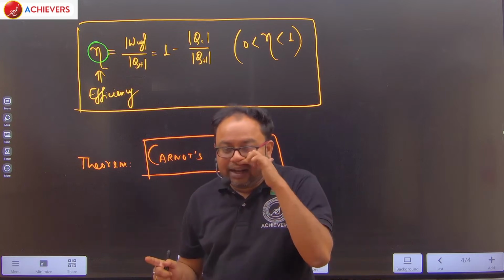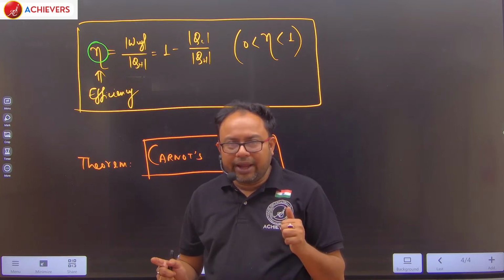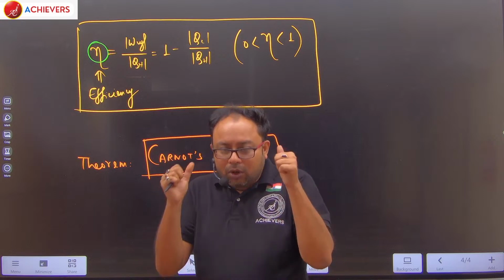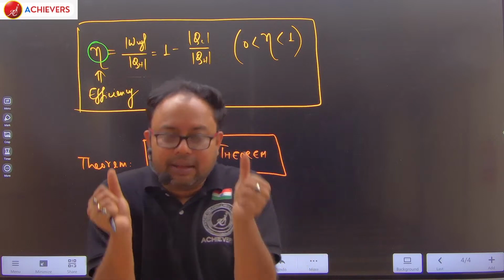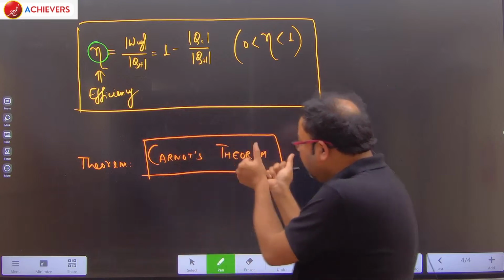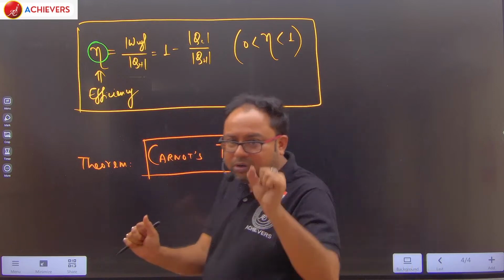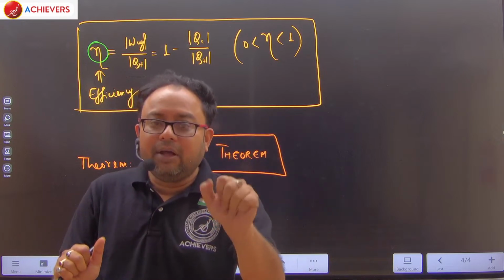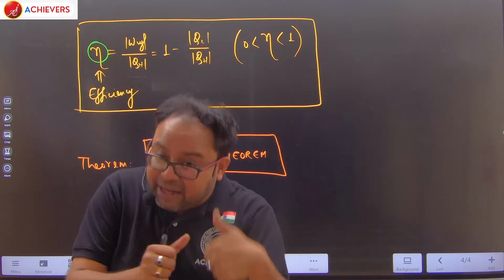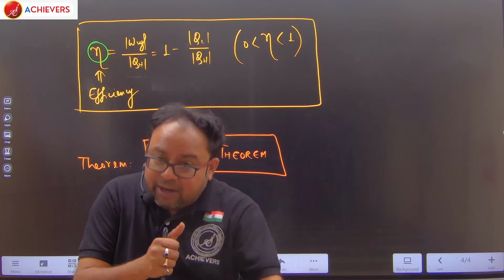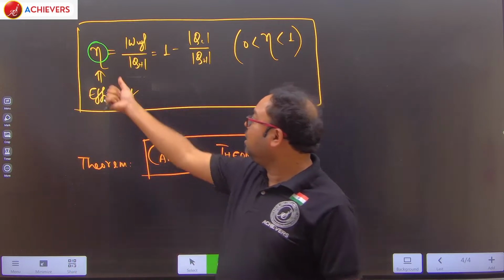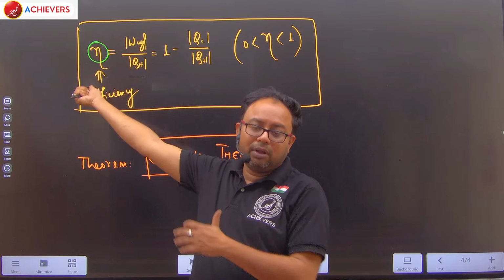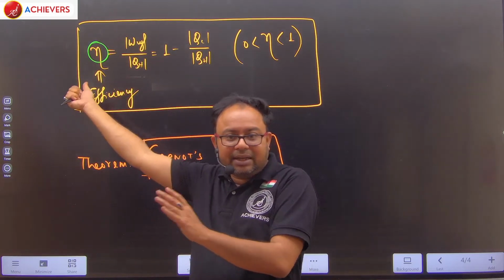In Carnot's theorem, we would basically reveal a very important fundamental feature in context to the efficiency parameter eta.